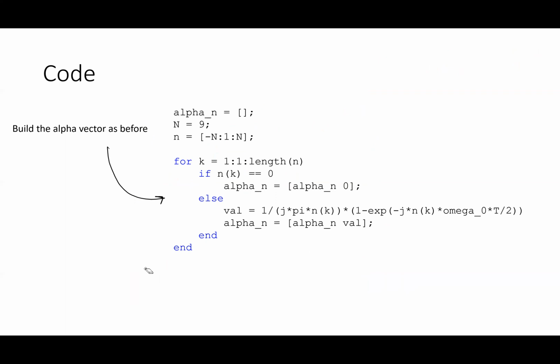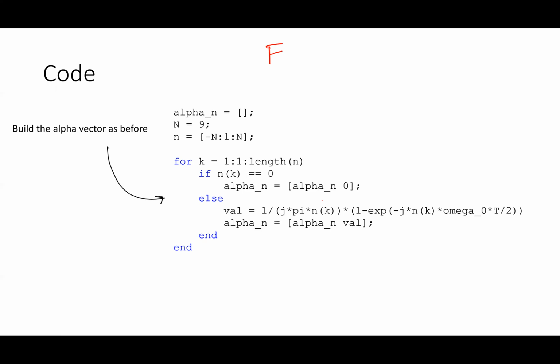The very first step is I got to build the alpha vector, as before. If you do problems 1 and 2, and at the very end of homework 7, the last 2 problems, I asked you to plot the Fourier series, so basically to plot X and to have your alpha value vectors and your B vectors and your A vectors, all that stuff.